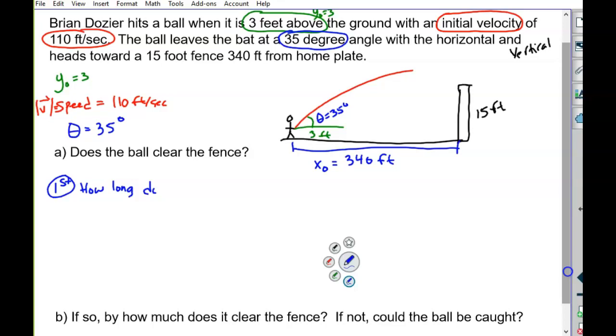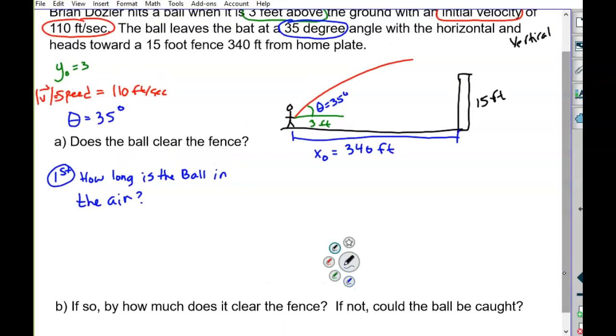Now let's say how long is the ball in the air? We got to find the time. We got to find t. And then this is where we want to look at, we know exactly how far we're going to go in the horizontal position.